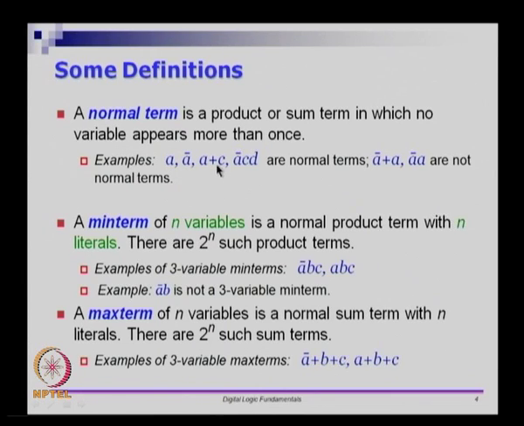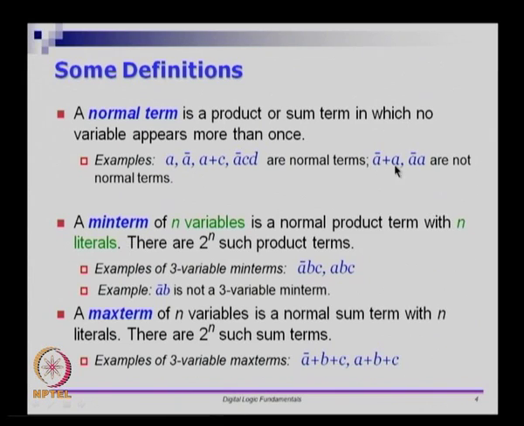A plus c has a single literal with a plus in between. You do not see any variable repeating more than once in each of the terms. So a plus c is a valid normal term, and a bar cd is also a valid normal term. A normal term is either a product or a sum term in which variables appear no more than once.